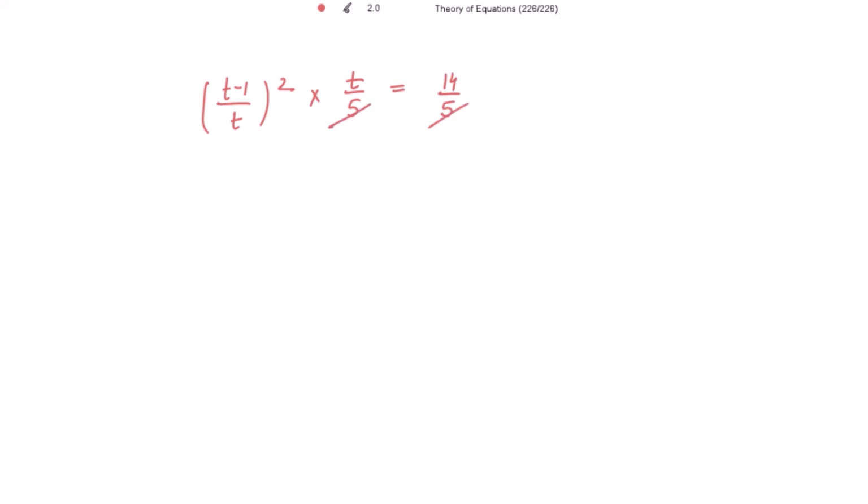So 5 and 5 cancel out, and this is (t² + 1 − 2t)/(t²) × t = 14.